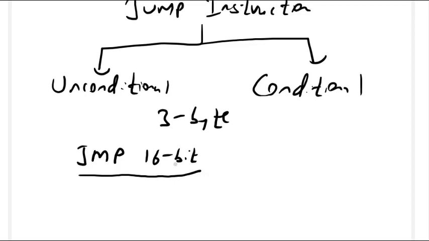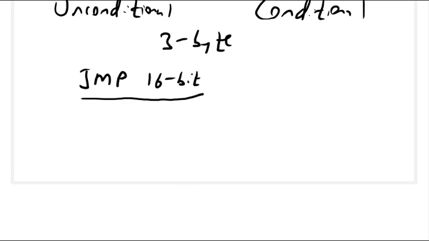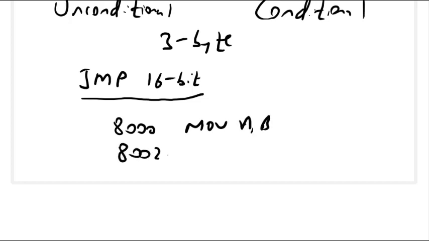The 16-bit address specifies where the execution will start. For example, suppose at 8000 I write MOV A, B, and at 8001 I write JMP 8010.